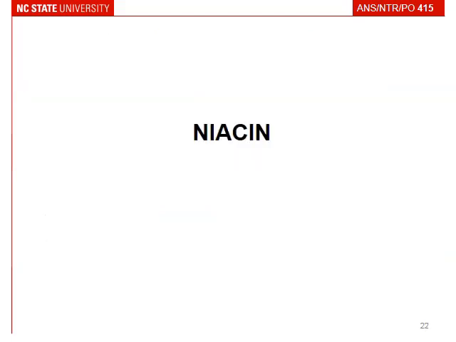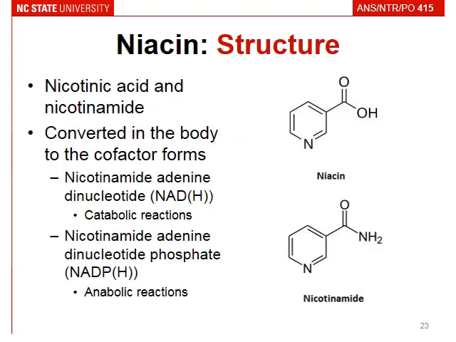The next B vitamin that we're going to discuss is niacin. So niacin actually has two different molecules that make up the active form of niacin. So we have nicotinic acid and nicotinamide, which both have what we refer to as niacin equivalents.